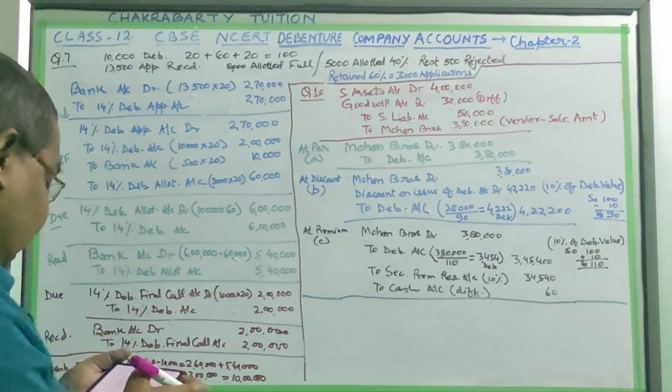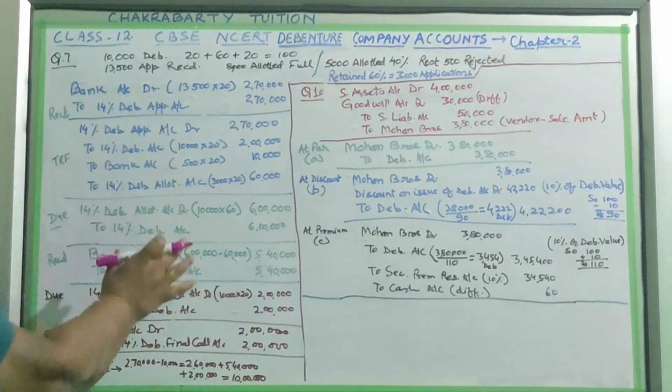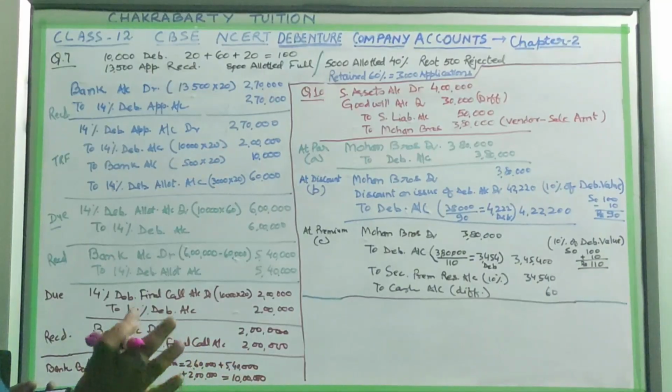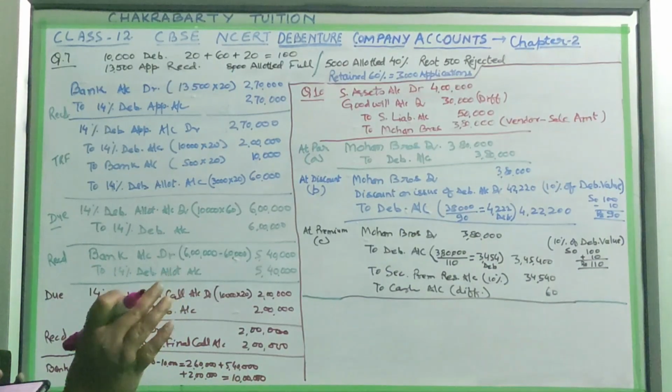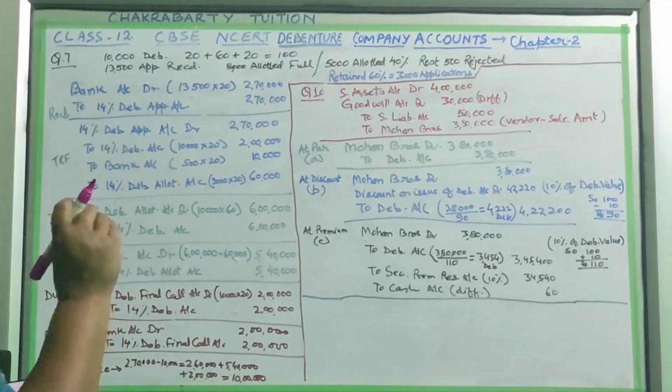Now we will go through the general entries. The entries are similar to your share entries. The only thing is that where we write share, you will write the word debenture.